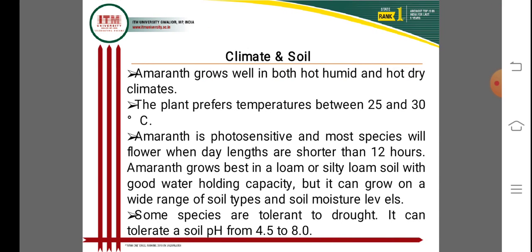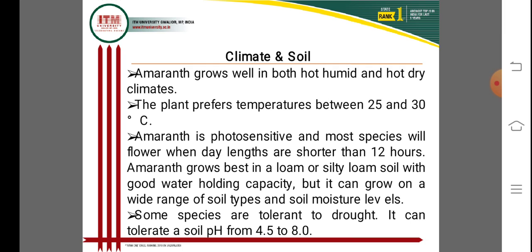Next is the soil and climate of Amaranthus. Amaranthus grows well both in humid climates and in hot, dry climates, which are suitable for its cultivation. The plants prefer a temperature between 25 and 30 degrees centigrade, which is very important for growing Amaranthus.